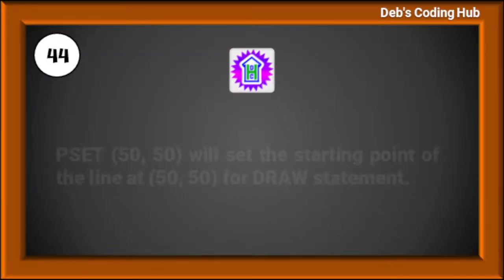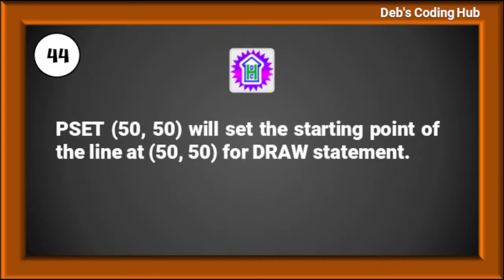Question number 44. PSET 50,50 will set the starting point of the line at 50,50 for draw statement. So it is a question from QBASIC graphics. It is the correct statement. So it will be true.